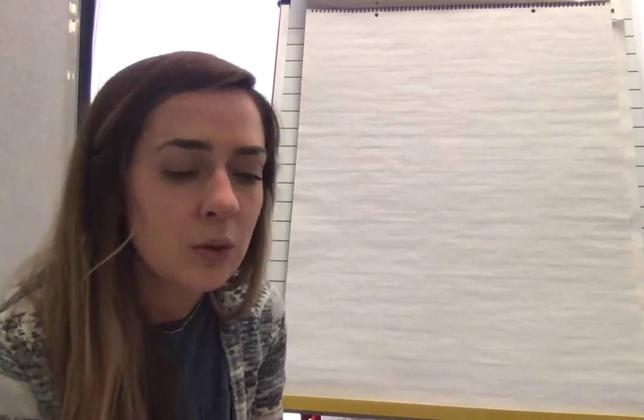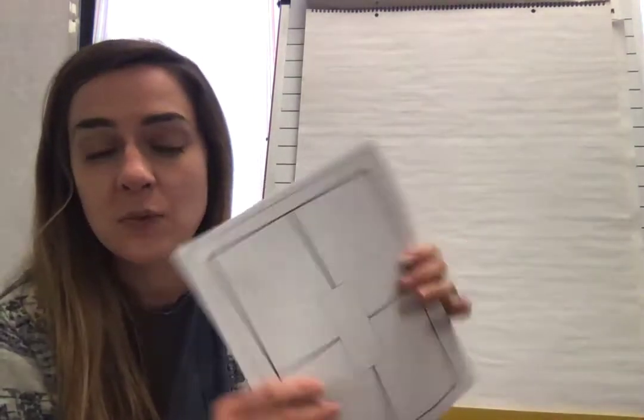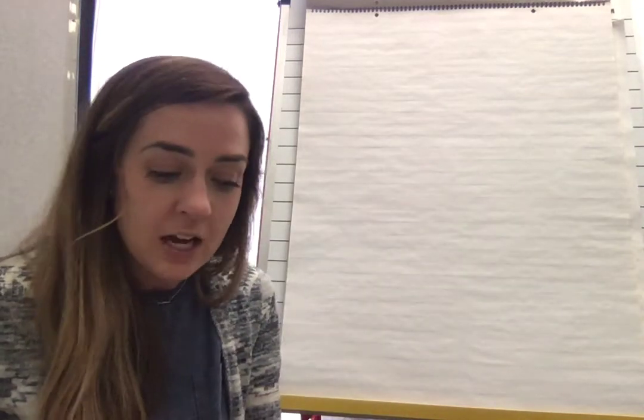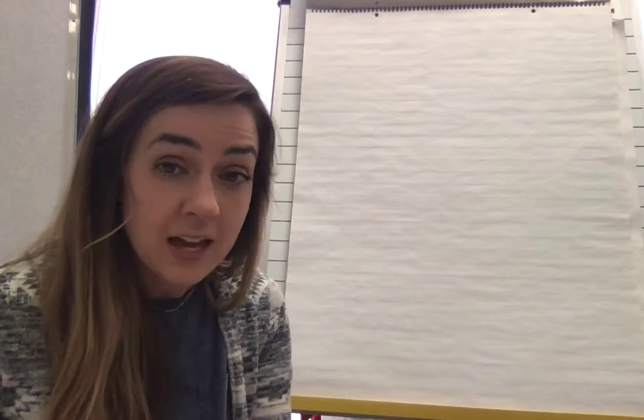I'm going to direct you for which ones I want you to do for a particular day. Like this first one, I don't want you to do anything with this until we learn about some of the other strategies. So at the end of each day, I will tell you which one I want you to do for that day, and then you will need to take a picture of that and send it to me.